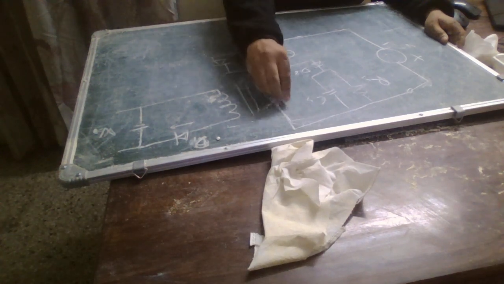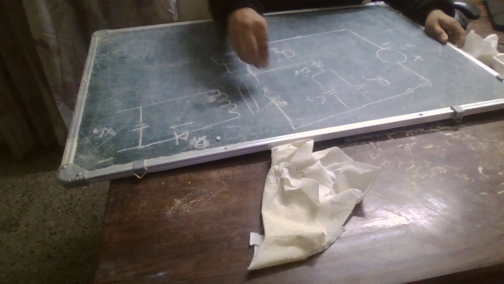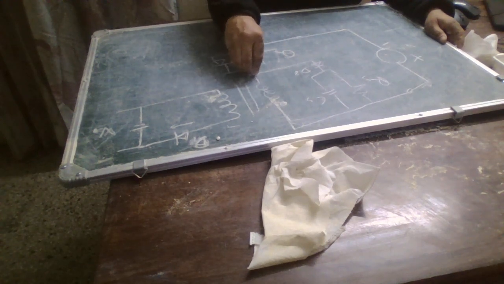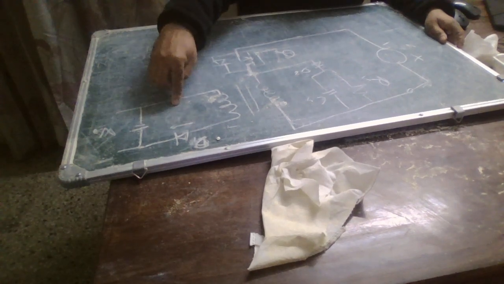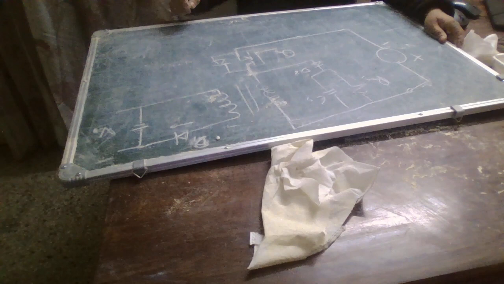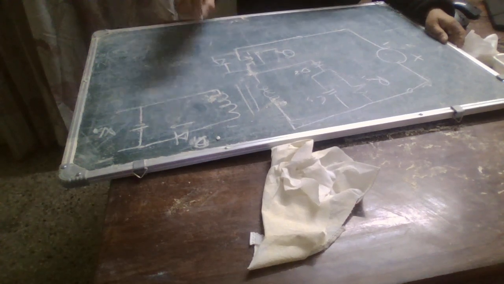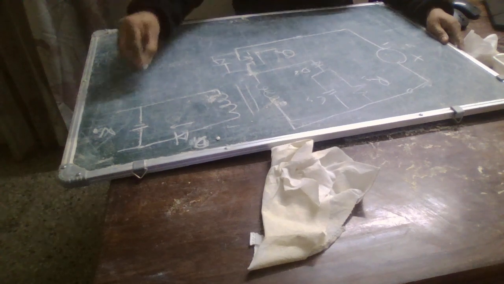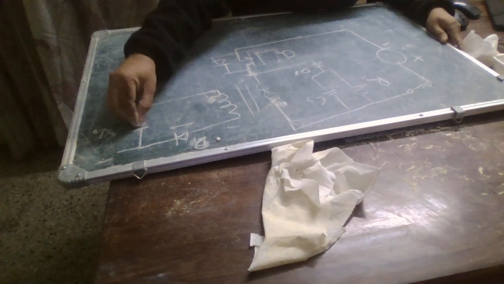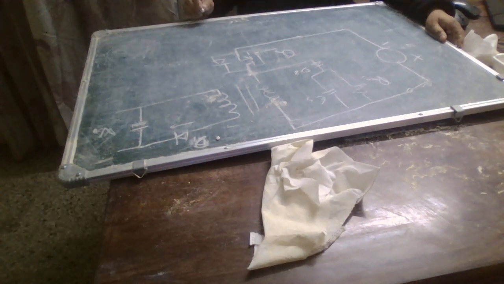Moreover, the dot end of the winding becomes positive with respect to the non-dot end, and the diode D1 becomes reverse biased. That means the circuit here will get open, and the output is going to take its load current requirement only from this capacitor.